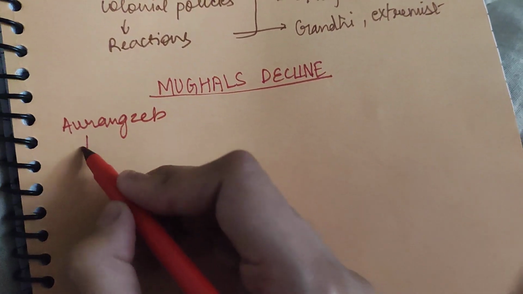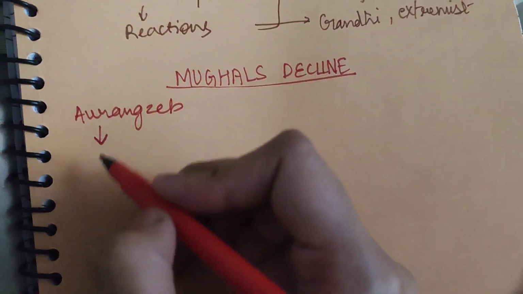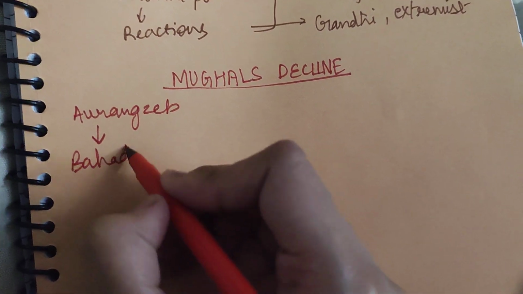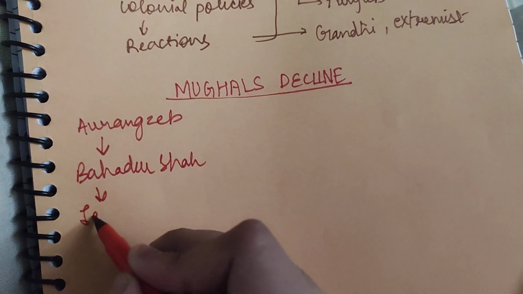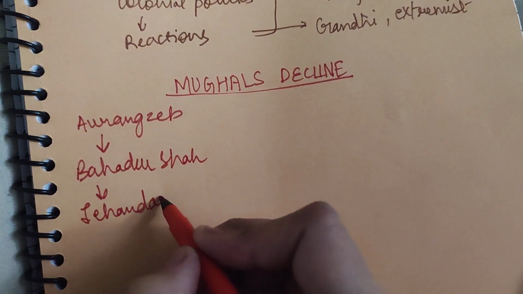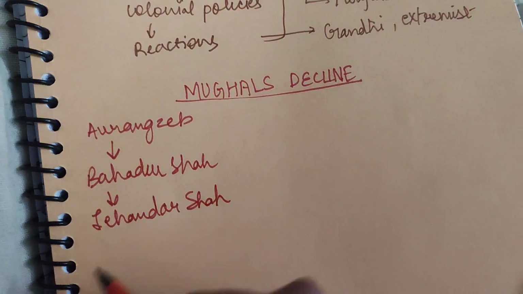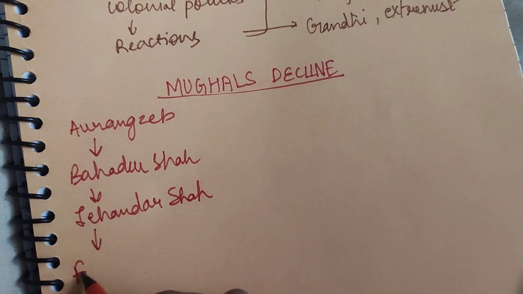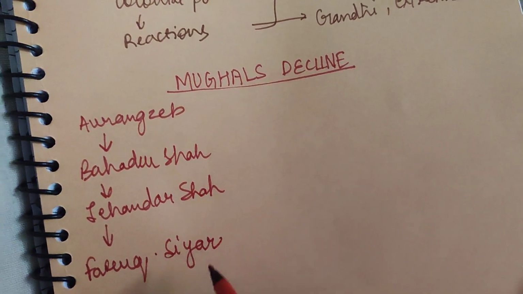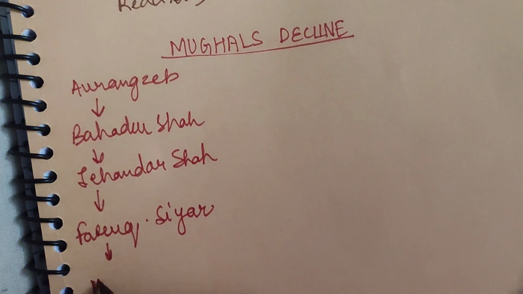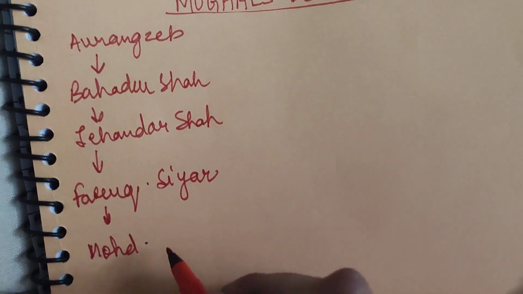After that there were certain weak rulers like Bahadur Shah, and Jahandar Shah, then Farrukhsiyar, then Muhammad Shah Rangila.